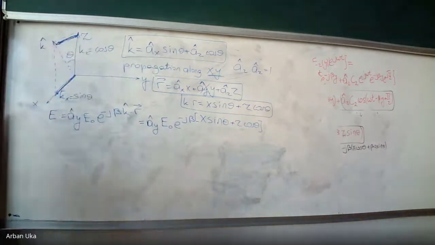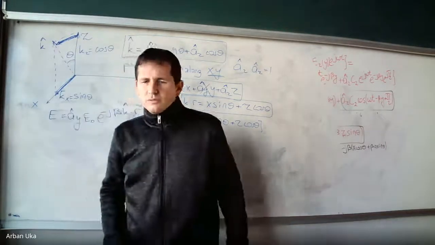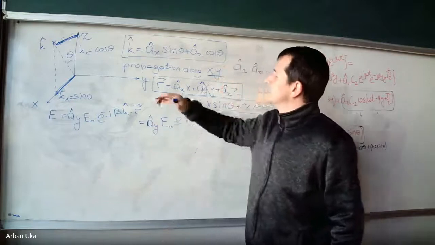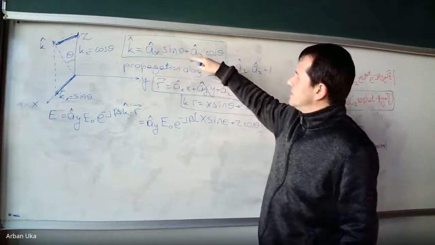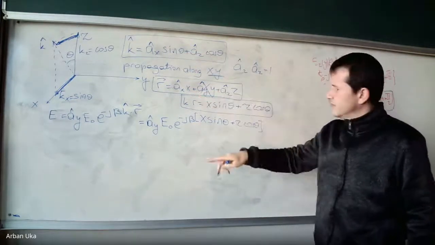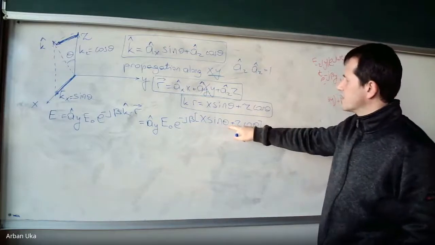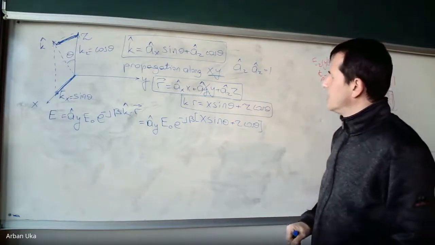Okay, so what is new here? Nothing is new. We can just try to identify the unit vector. We multiply it with the displacement vector, and as a derivation we get the following.